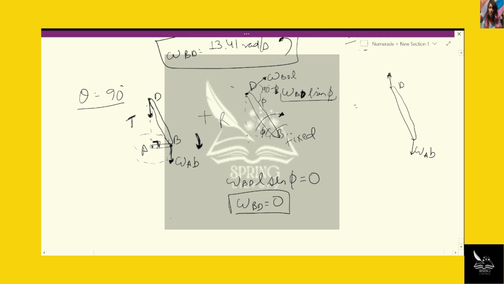What about VD? VD will not be 0, but VD, as we can see from this diagram, is going to point downwards because this is the component which will give VD. So VD, rather than pointing up, it will point down. So VD will point down and the value will be omega A times B, which will be 1000 rotations per minute times 60 millimeters.